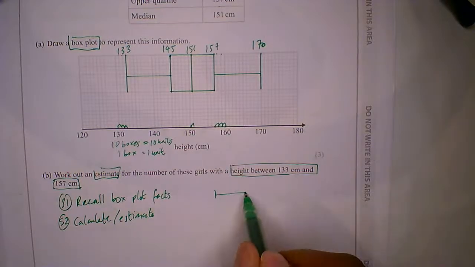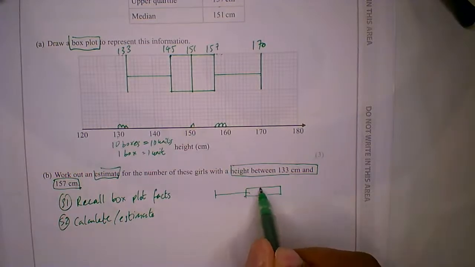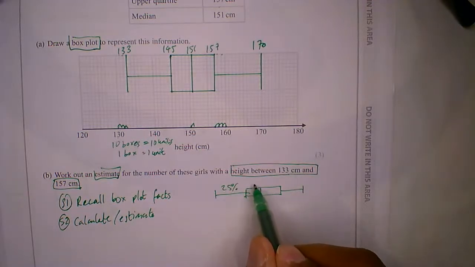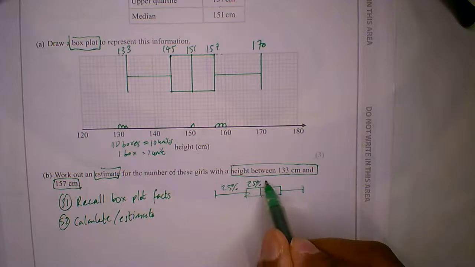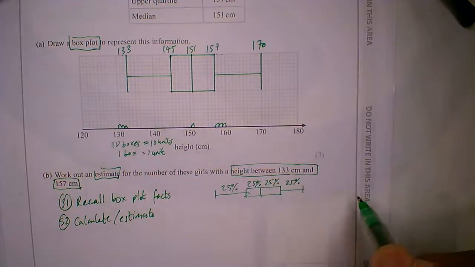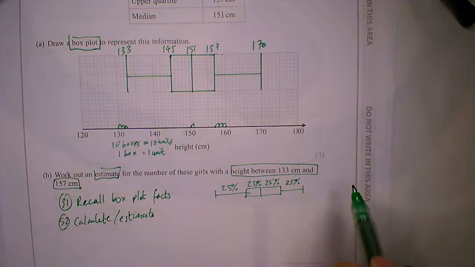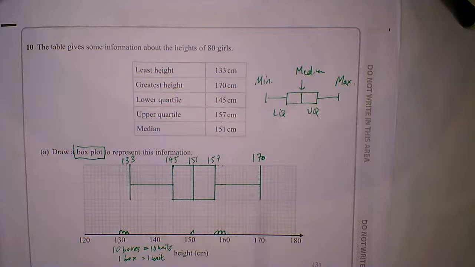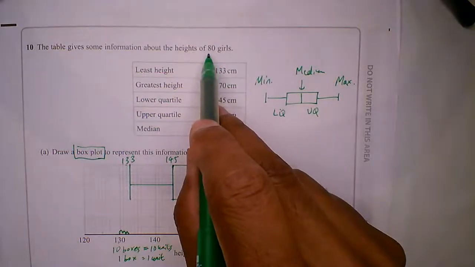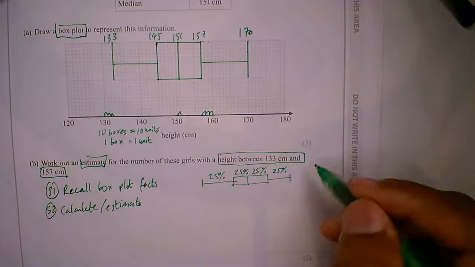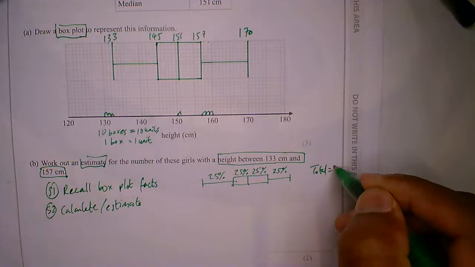Box plots are separated into 4 parts, so each part is 25%. I am told there are 80 girls altogether, so the total is 80.